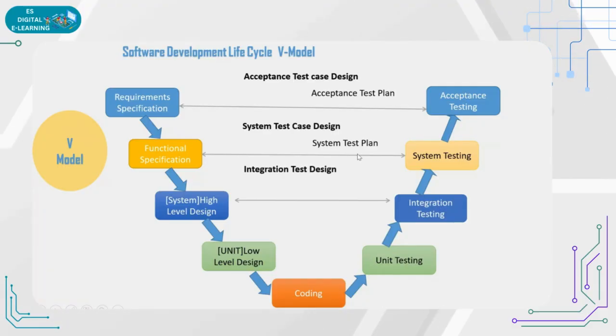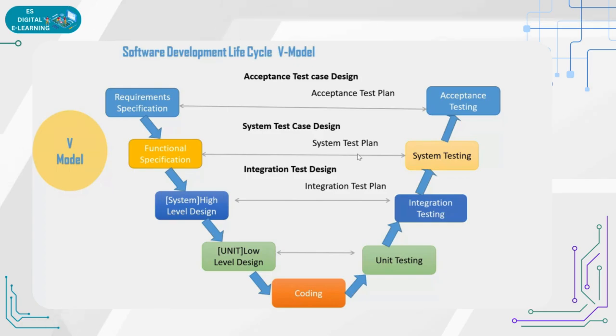Next is integration testing. Integration means the integration of the complete modules. Here they are making the code. At the system level, at a high level, say A plus B plus C, I need to get 5.